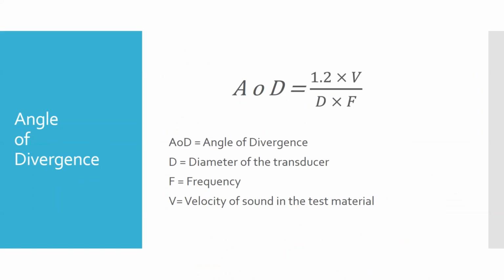Okay? So probes are designed to work with a certain frequency, and you want to set your test equipment to match that. So just an example, typically we're going to be working with aluminum parts. And we want to know how wide of a beam we end up with in our part.